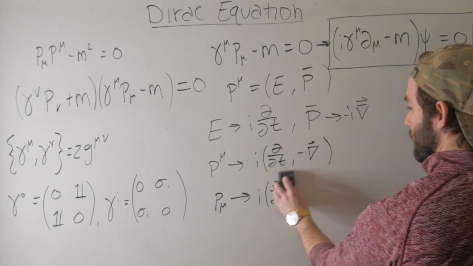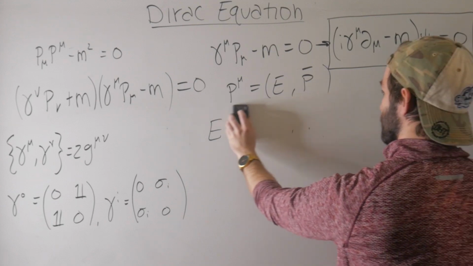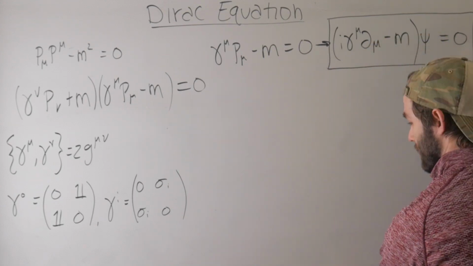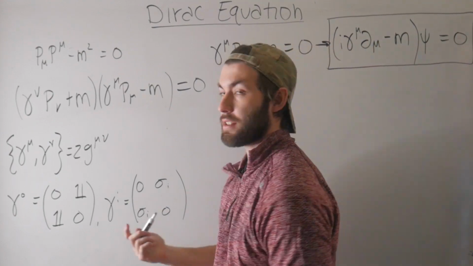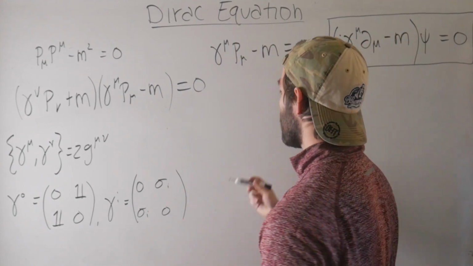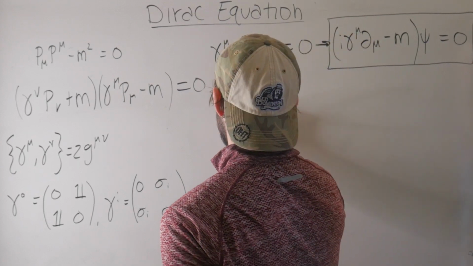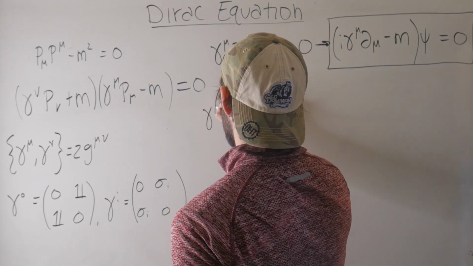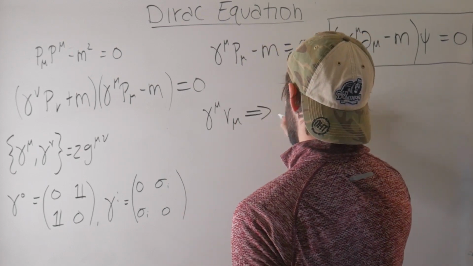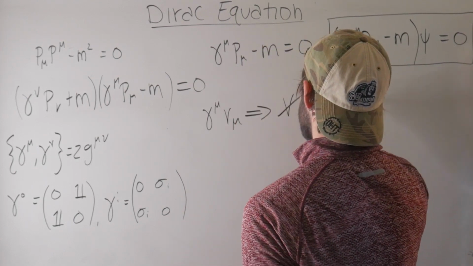There's one other way that we can write this. And we're done now. I'm just going to show you another way that we can express this. Whenever we have something that is contracted with the gamma matrix, which happens quite a bit in quantum field theory, so if we have, say, some vector, we'll call it V, contracted with the gamma matrix, we shorthand this with a V slash.